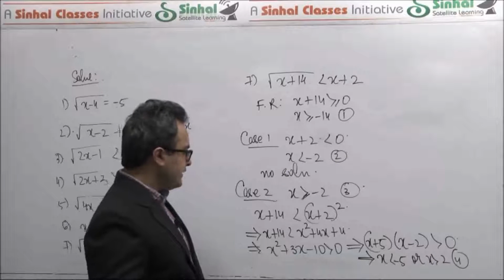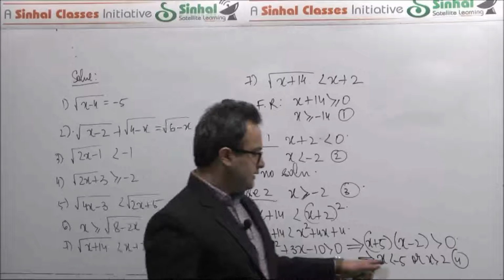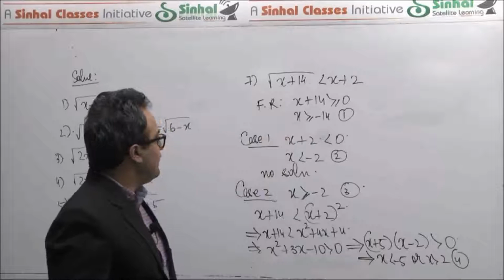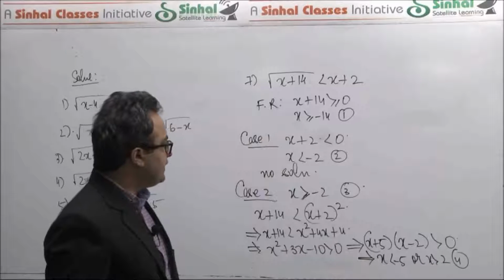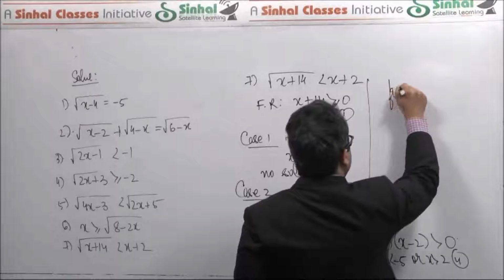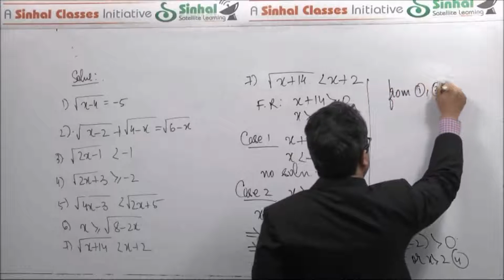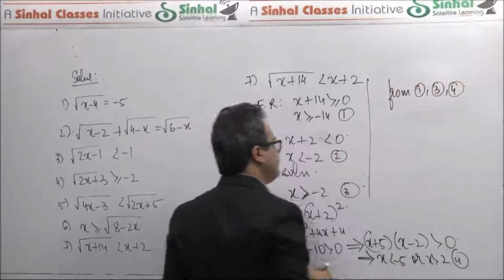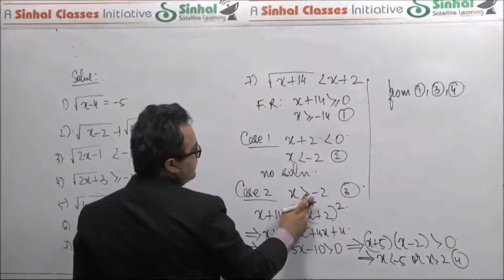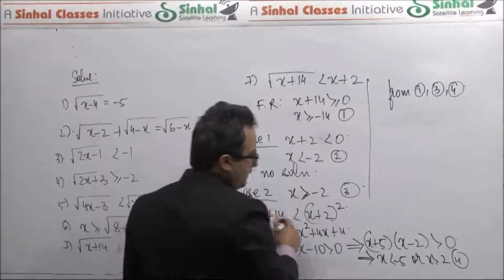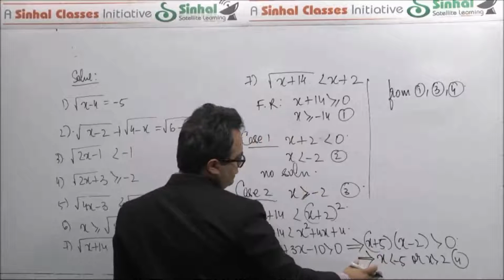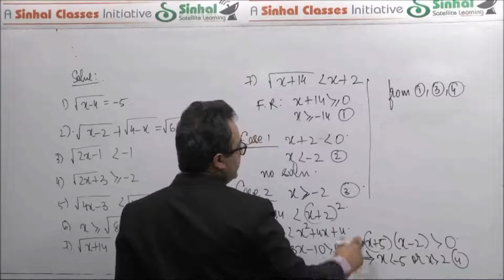Right, so when I square both sides and simplify, I get my solution set as this. X takes values which are less than -5 or takes values which are greater than 2. And now I'll have to take an intersection of again 1, 3 and 4. So intersection of 1 and 3 gives me greater than or equal to -2, and when I take an intersection of 3 and 4, I'll get greater than 2.